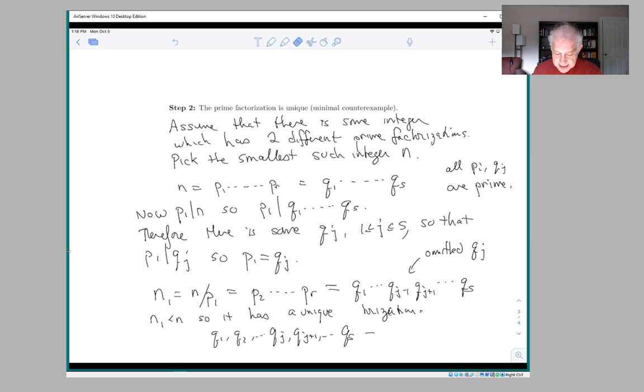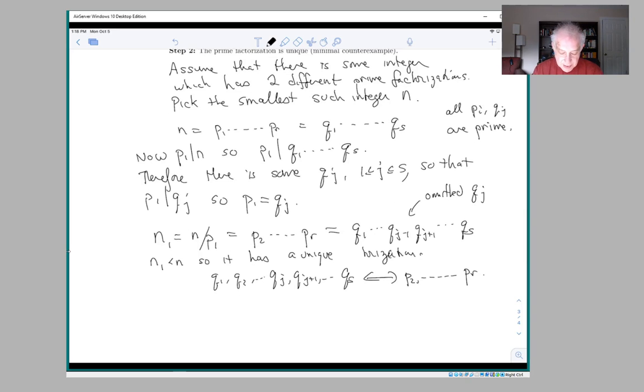But this collection of prime numbers has to be the same collection as p2 up to pr. But then that means that n1 is equal to p2 up to pr.